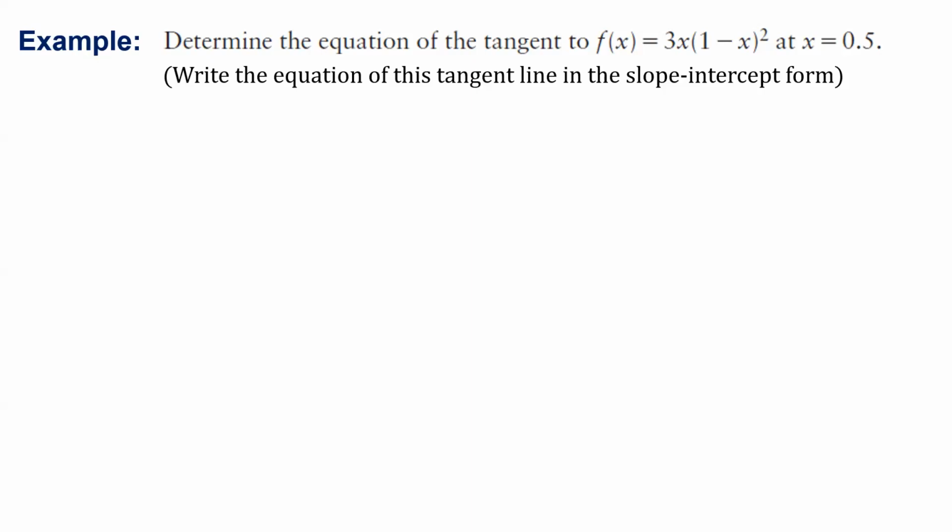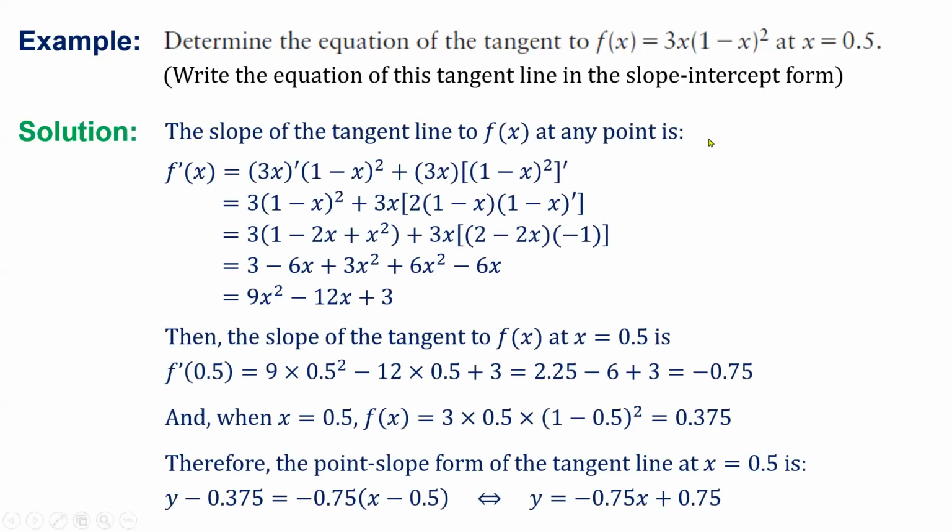Okay, have you finished? Let's have a look at the solutions here. Okay, first of all, we find the slope of the tangent line at any point. So that's the derivative of f(x) at any point x, right? So according to the product rule, the derivative of f(x) equals, we can treat this as the first function and this as the second function, right?